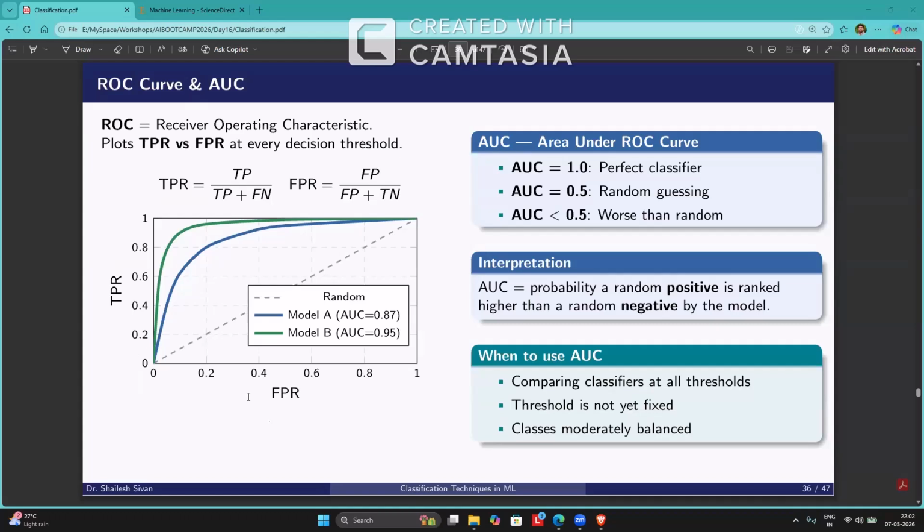So in the first case, we got a TPR of 1 and an FPR of 0, right?